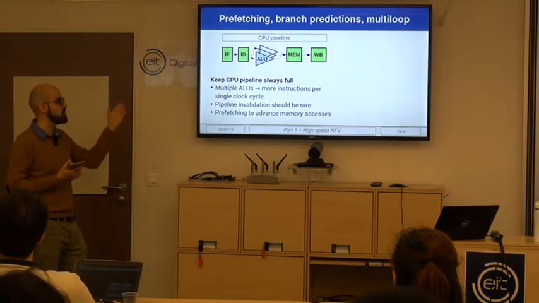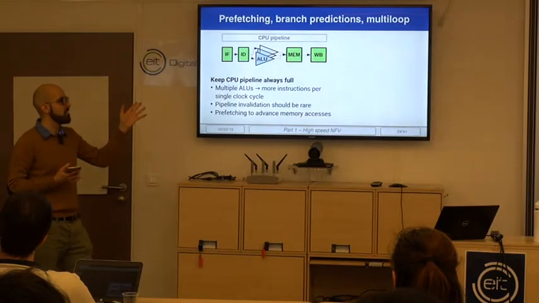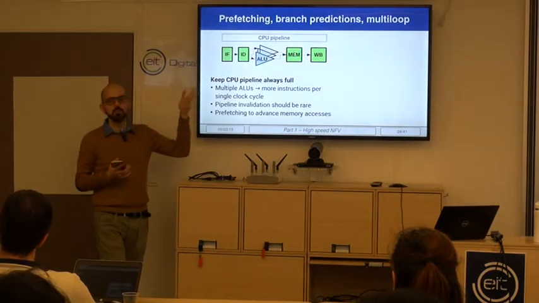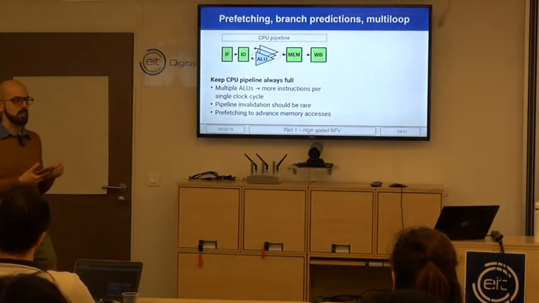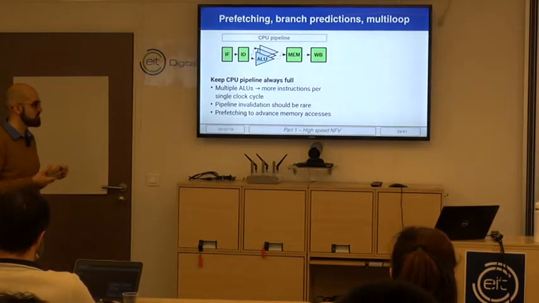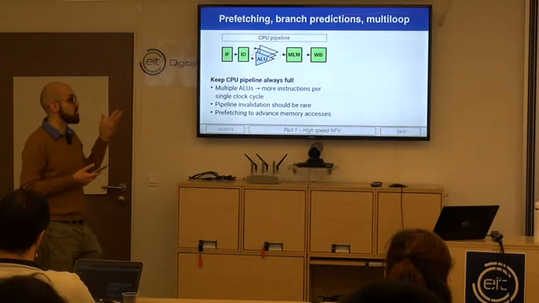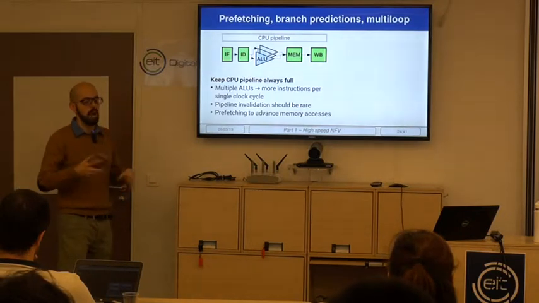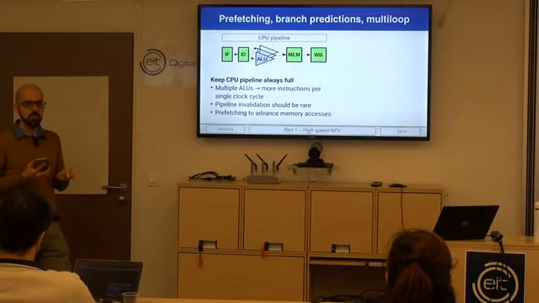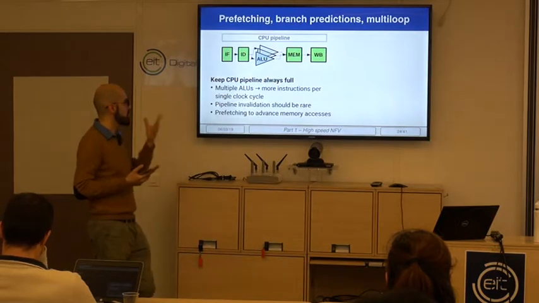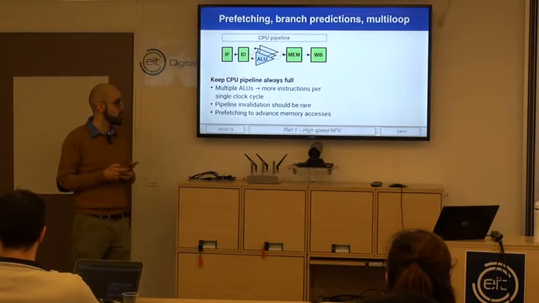We have instruction fetch, instruction decode, and then we can have one or multiple ALUs, which are the components that perform the computation. But pipelines are much more complex than this. We can have up to 20 stages, and we can have multiple ALUs, multiple components performing the computation.